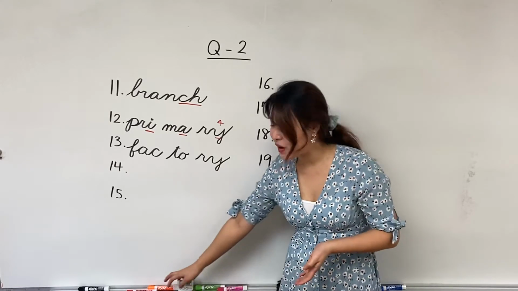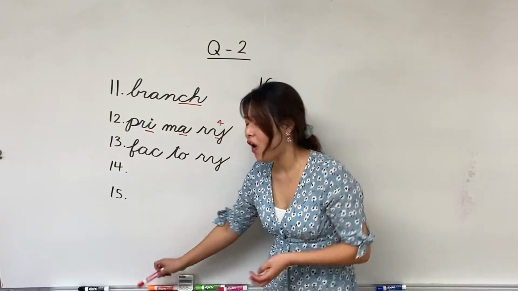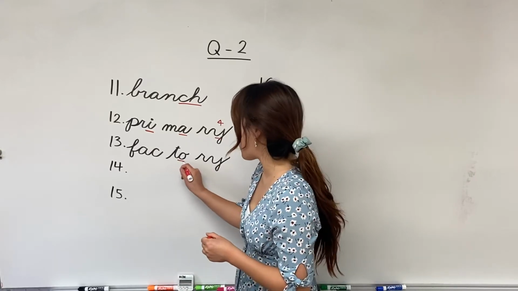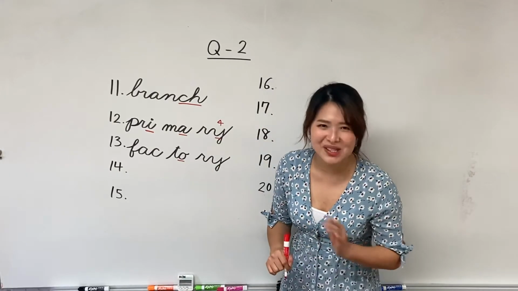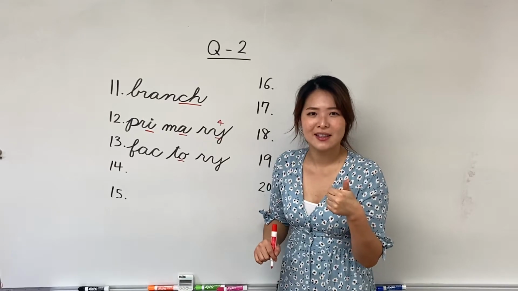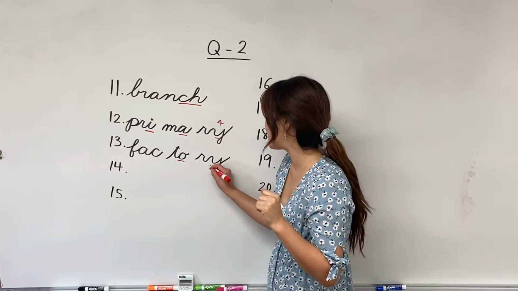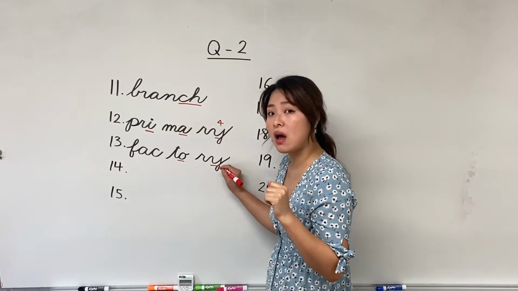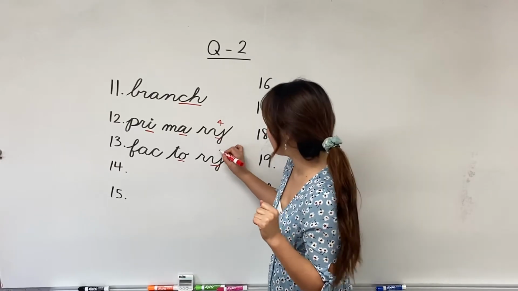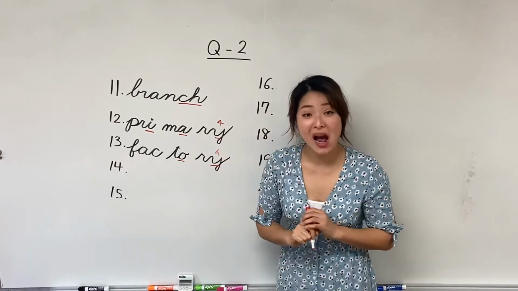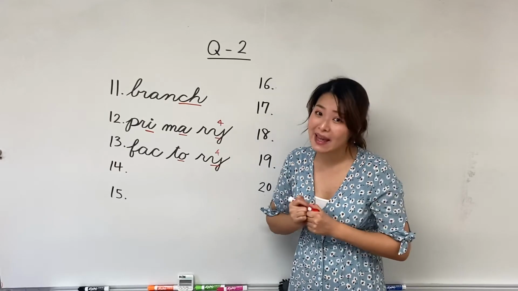We have to underline the O because O says O at the end of a syllable. Perfect. And we also have to underline the Y and put a 4 above it because it's saying its fourth sound. Factory. Perfect.